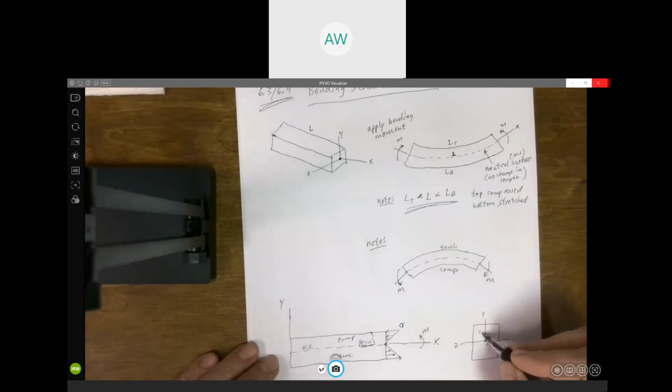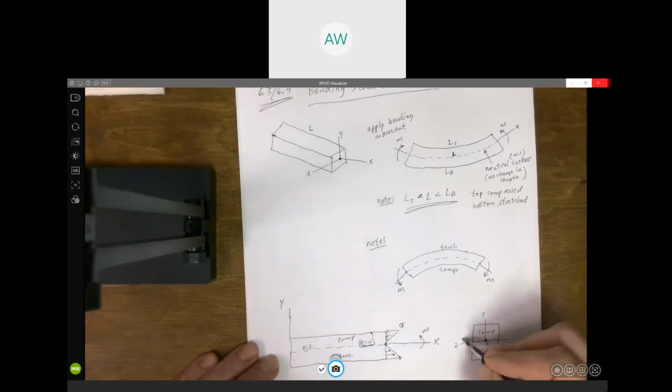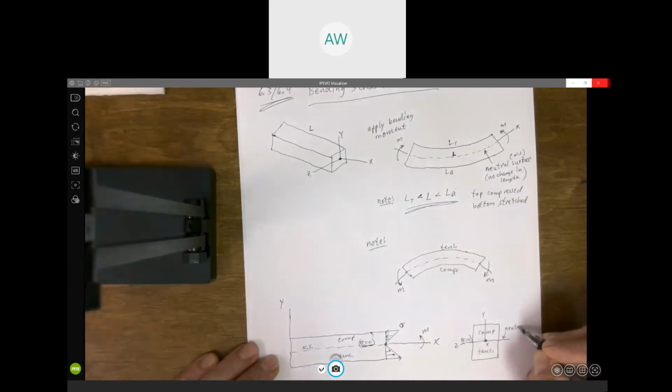And up here, we would have compression. Down here, we have tension. This axis, the z-axis, where again the stress is going to be 0, we call this the neutral axis, which from here on out, I'm going to call NA.